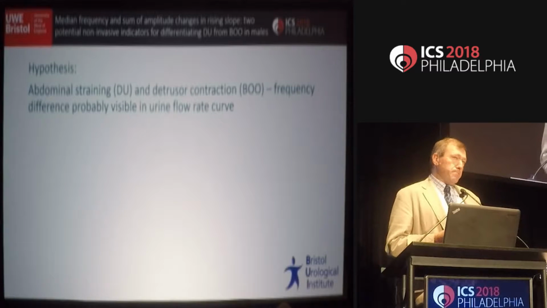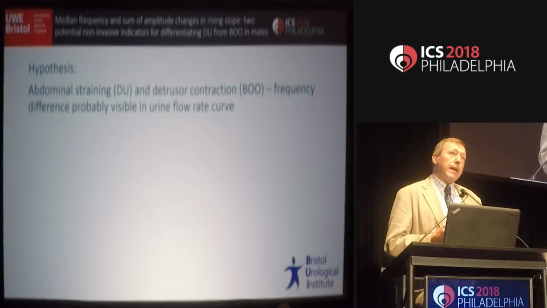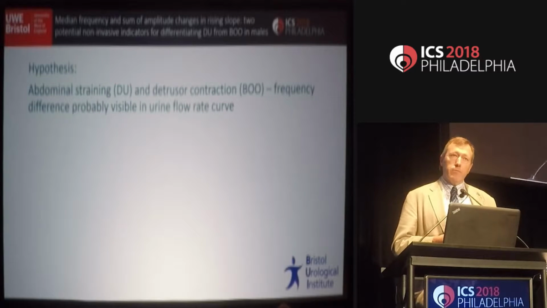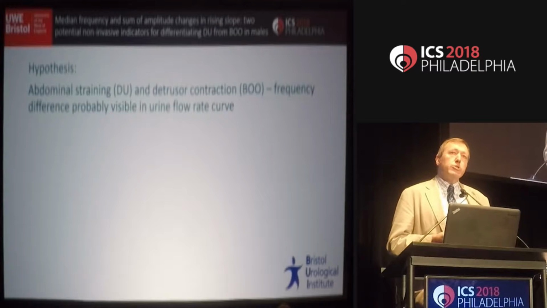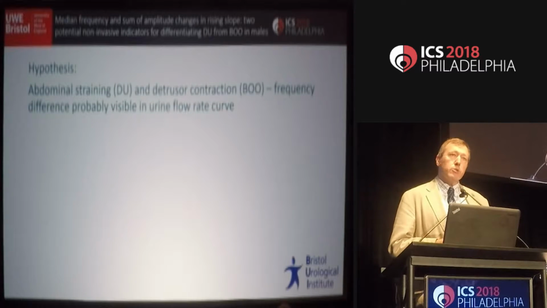The other aspect is that we know that detrusor underactivity is characterized by a failure to sustain a contraction for a while. And in skeletal muscle, the EMG signal decays, or rather the median frequency decreases with fatigue of muscle.